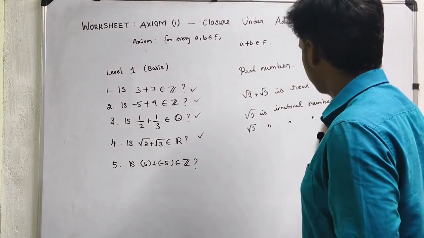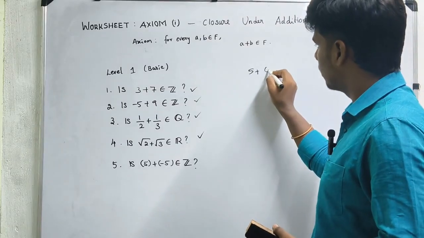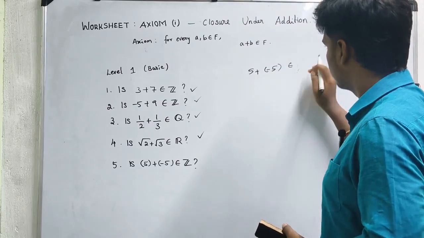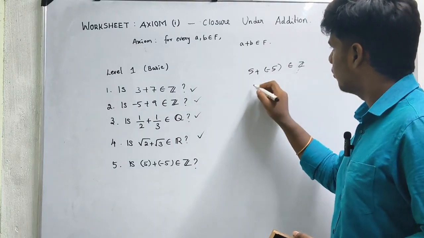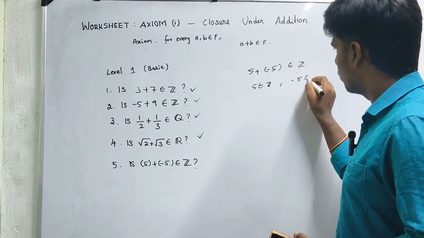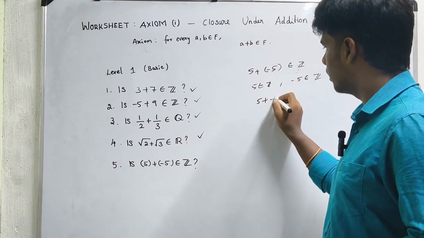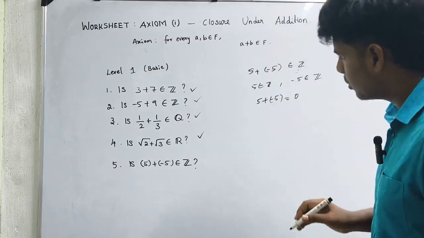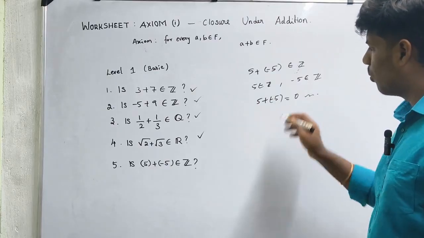The next one is 5 plus minus 5, which belongs to what? See here, 5 is an integer and minus 5 is also an integer. So I can add these: 5 plus minus 5 is equal to 0. Something which gives us 0, what do we call this?